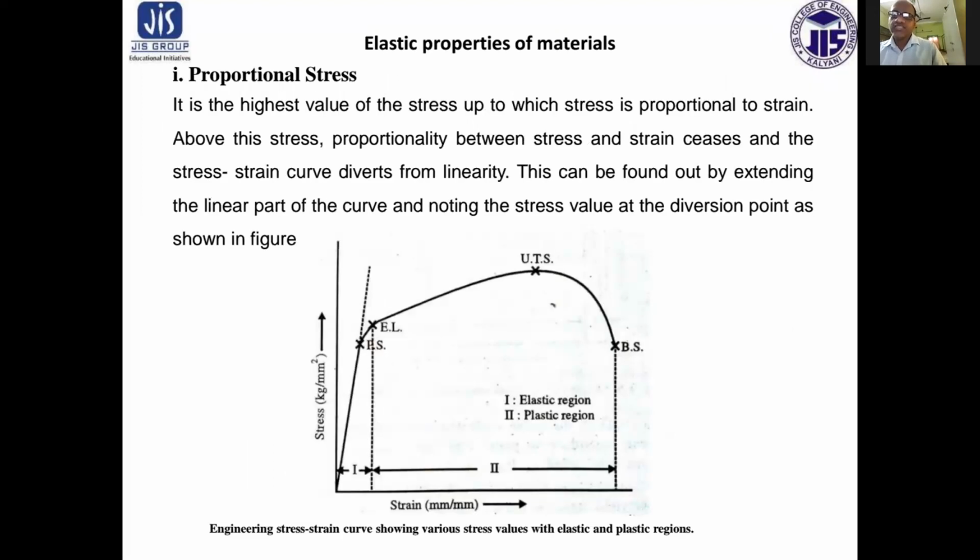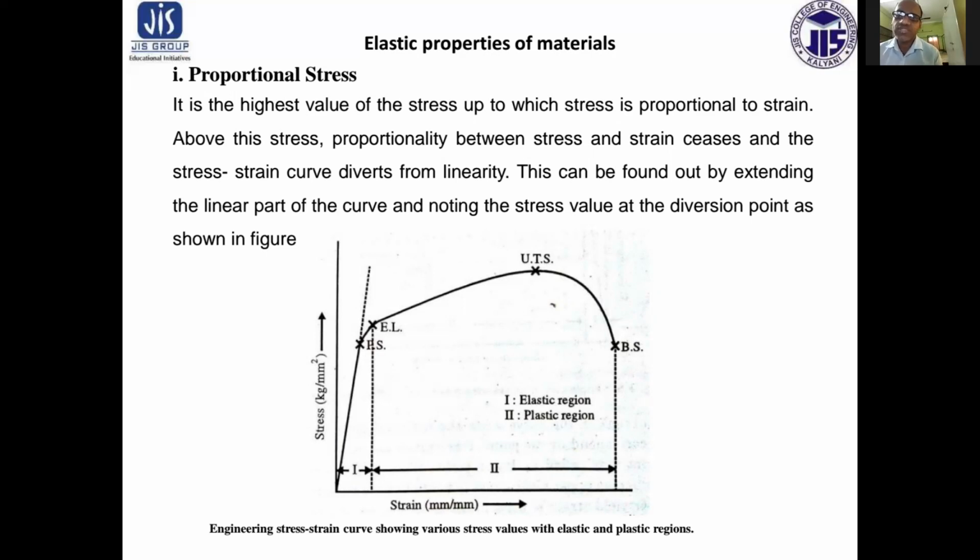Now the elastic properties of material. First of all, the proportional limit. It is the highest value of stress up to which stress is proportional to strain. Above this stress, proportionality between stress and strain ceases, and the stress strain curve diverges from linearity.